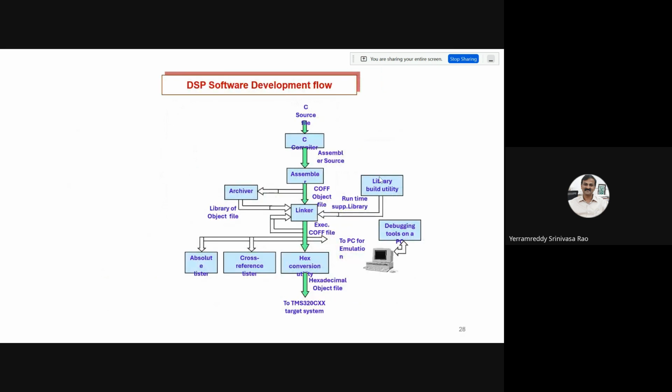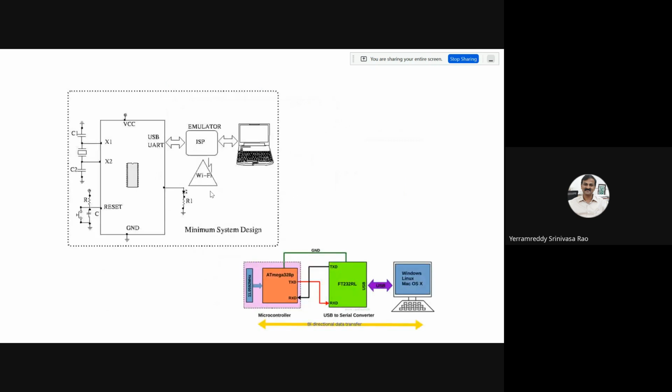Okay, so please understand, whatever we do in computer programming, we are also doing the same thing: editor, compiler, assembler. Finally, it generates a machine language called binary. The only thing is, in a computer, programs are executed on the computer. In our case, the programs are executed on specially designed hardware, and that hardware we are designing. This is how it looks like.